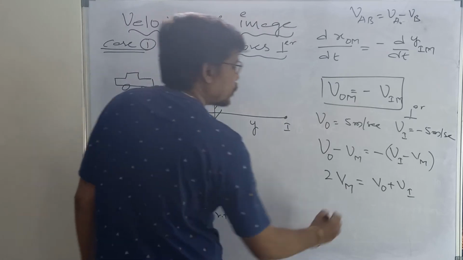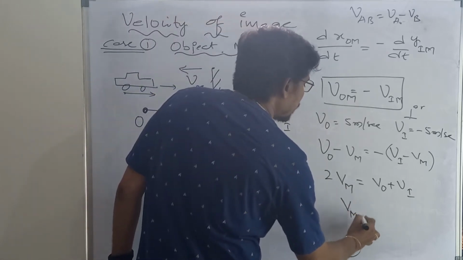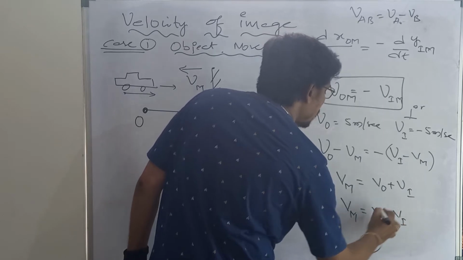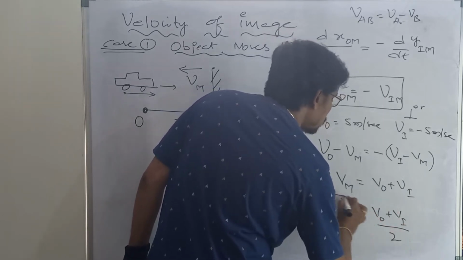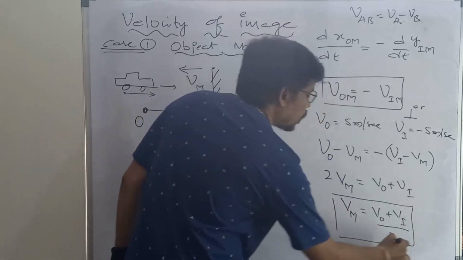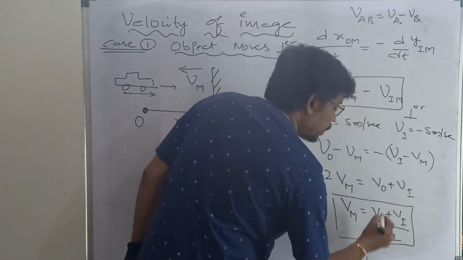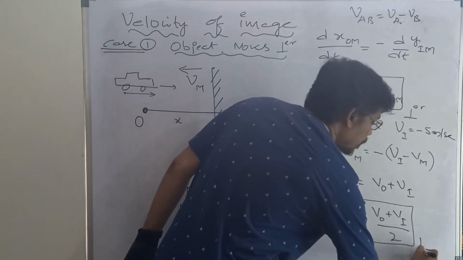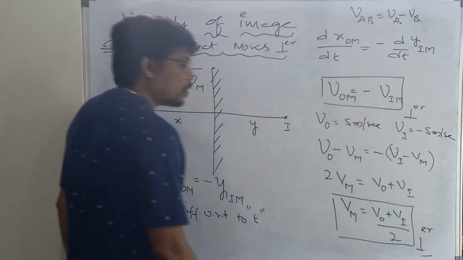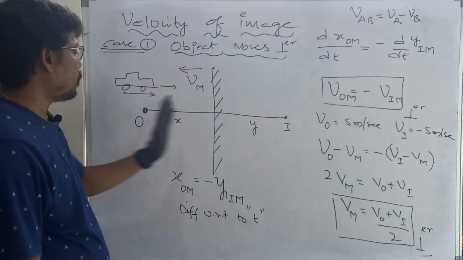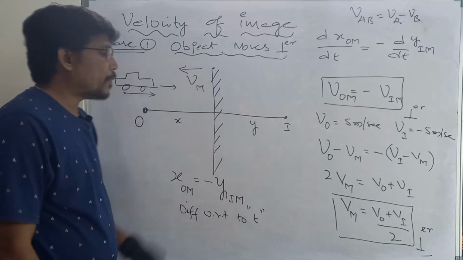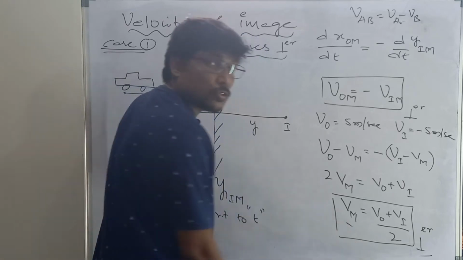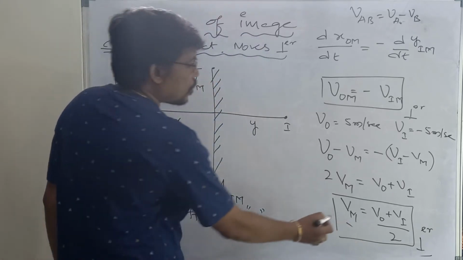So the velocity of the mirror is equal to (velocity of the object plus velocity of the image) by 2. This is an important result, keep it in mind. The object moves perpendicular to the plane of the mirror, and the image also moves perpendicular to the plane of the mirror. This expression should be remembered while solving problems.